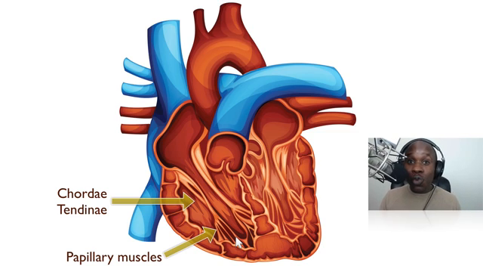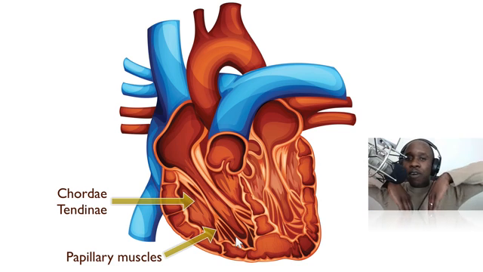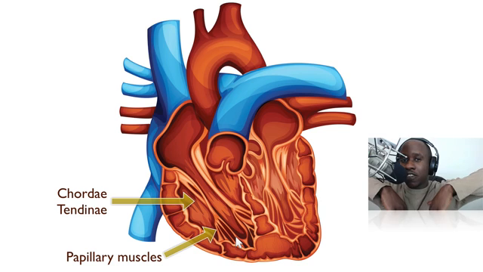And what happens is when we look at the walls of the ventricle, we see that there are little muscular projections, and then we have a bunch of these cords that are attaching the valves to those projections. And if you think about what's happening in the heart, when the ventricles contract, we have our valve. So this is our atrioventricular valve, and let's say we're looking at the one on the right side.